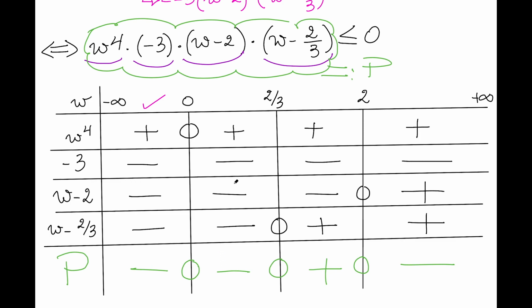This is where P is negative. And this is where P is negative, when w is bigger than 2. And now P is 0. P is 0 at this number when w is 0. At this number when w is 2 over 3. And at this number when w is 2.